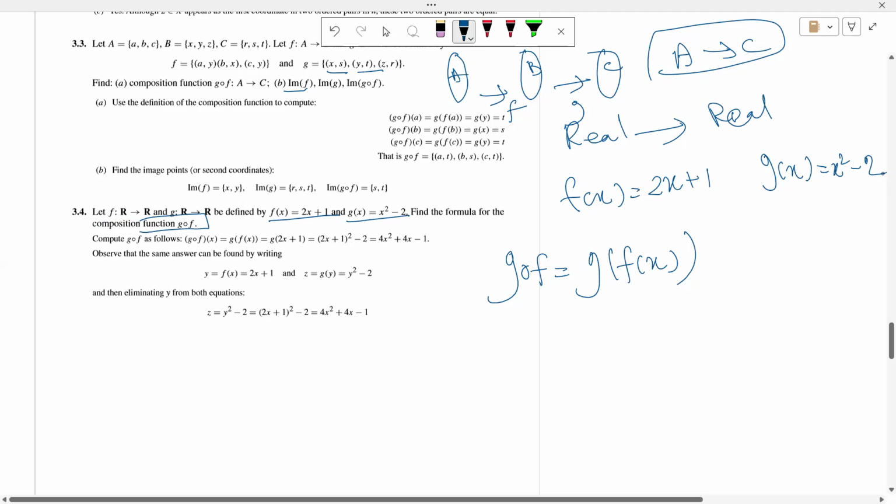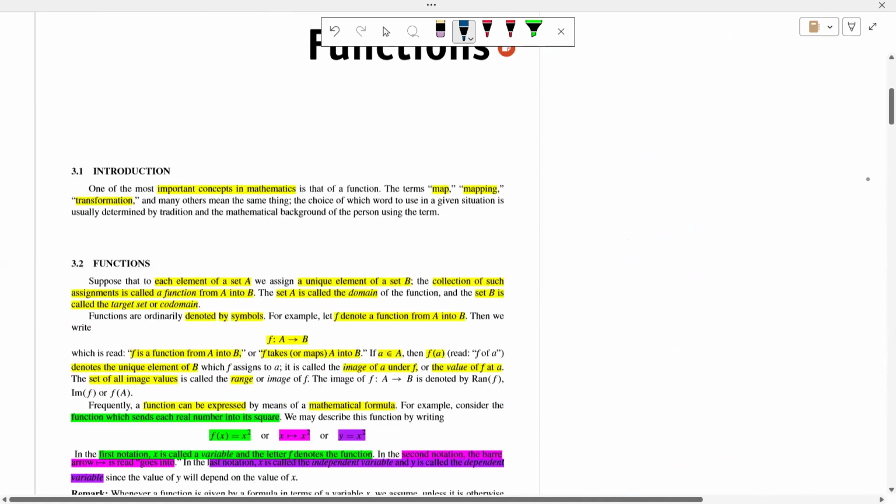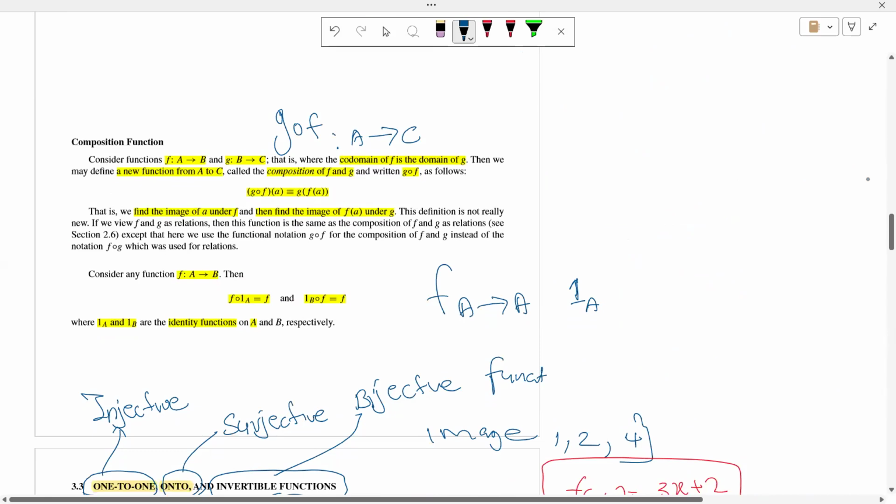They are asking for g of f. So g of f means, from the definition, g of f is equal to g of f of x. Just look here. We already discussed this yesterday, in the composition section. So g of f is equal to g of f of x.